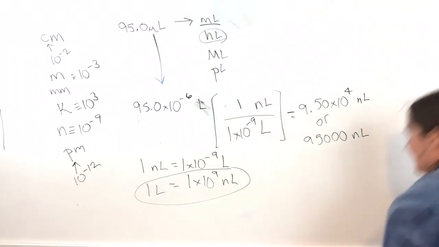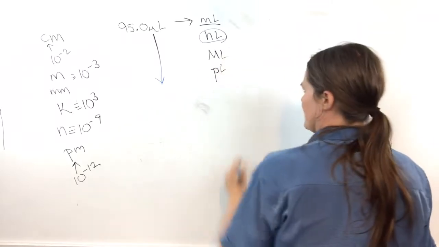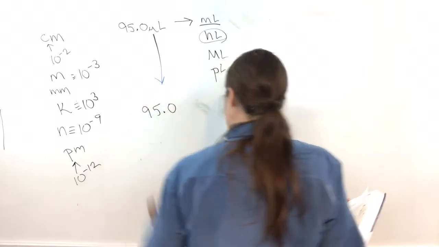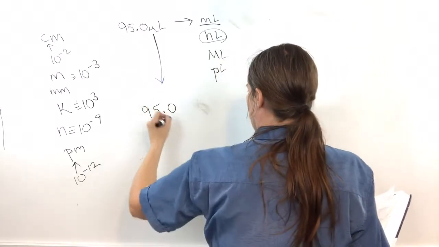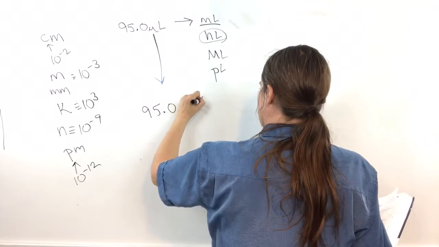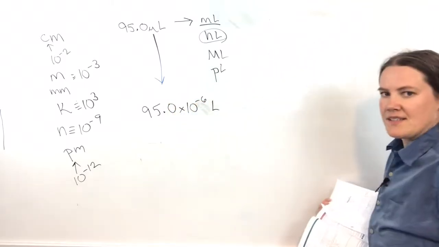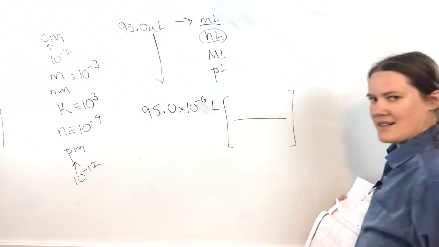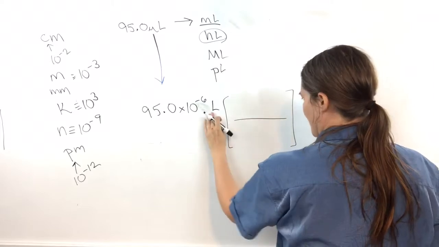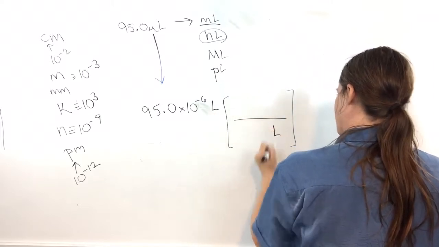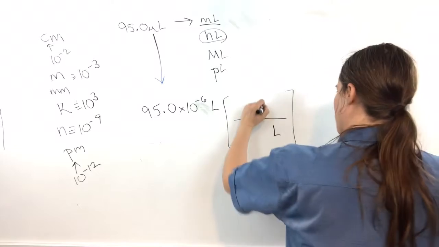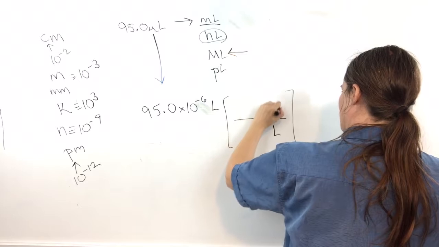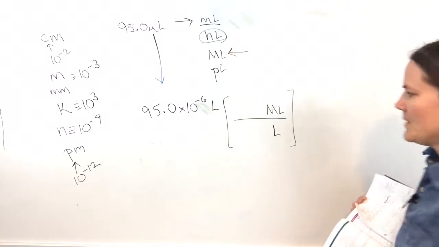Now let's do the megaliters. So to convert to megaliters, I want to start with my same number again. So I have 95.0 times 10 to the negative 6 liters. And I'm going to do a conversion again, so I need to write my conversion factor. Once again, I want the liters to cancel, so I'm going to want liters on the bottom. I'm converting to megaliters, so I want megaliters on the top.